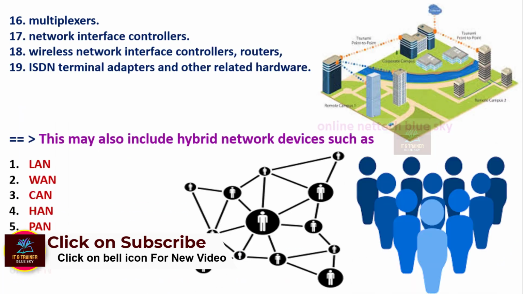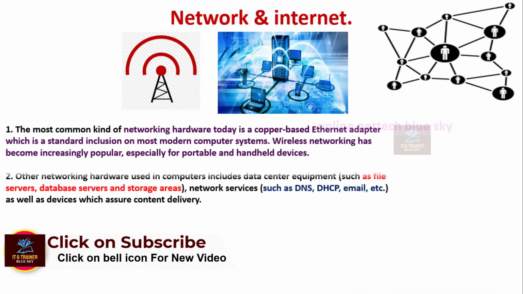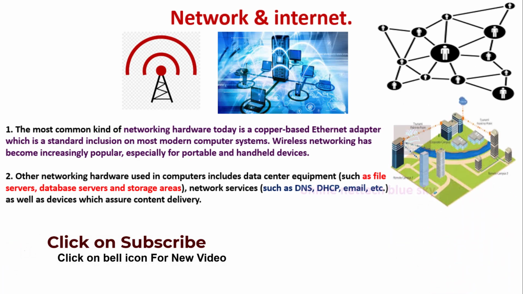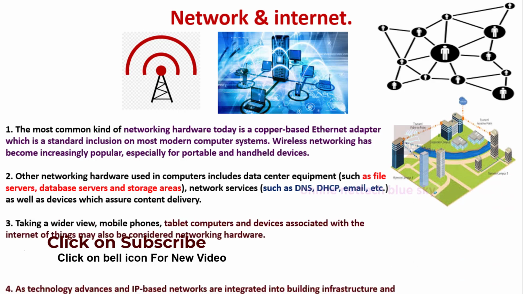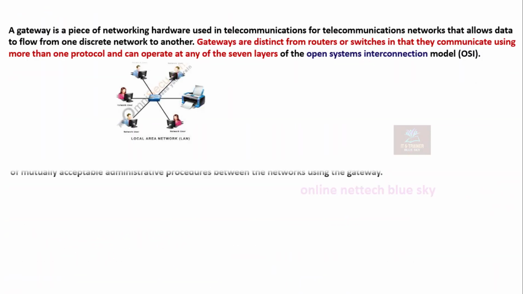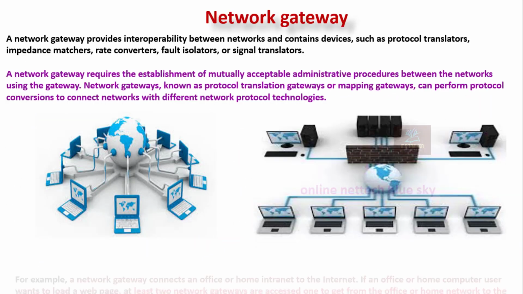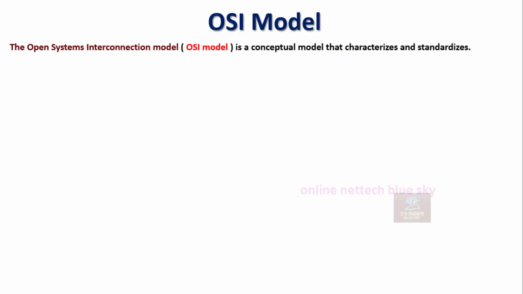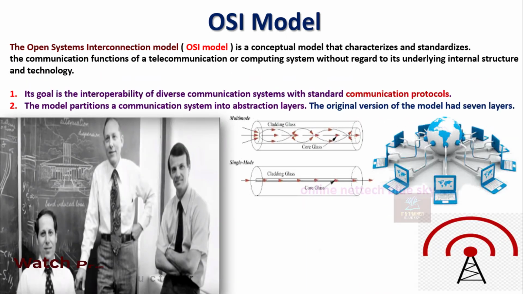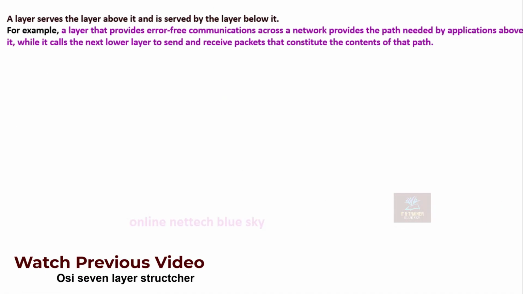This is very important for you to understand. Also watch the network and internet related information: network gateway, how many types of gateway you can see, and why it is important to understand the OSI model in a network.